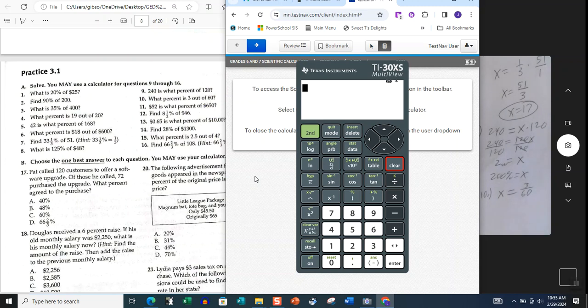So they want to know what percent this is. So we'll take 3 divided by 60. Press enter. And you notice we have 0.05. We have to move this decimal 2 places to the right and put a percent sign at the end. So x is 5%.